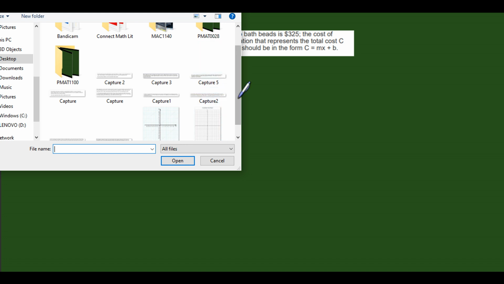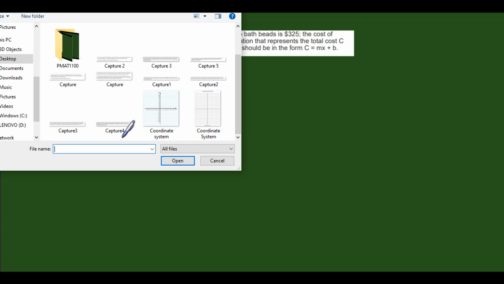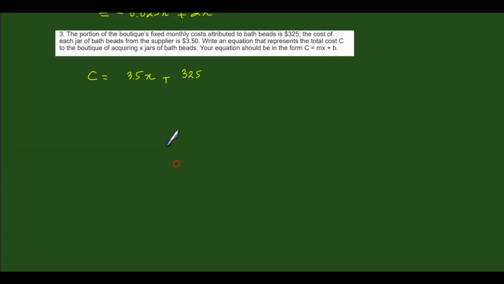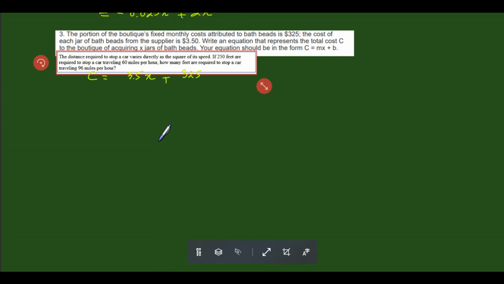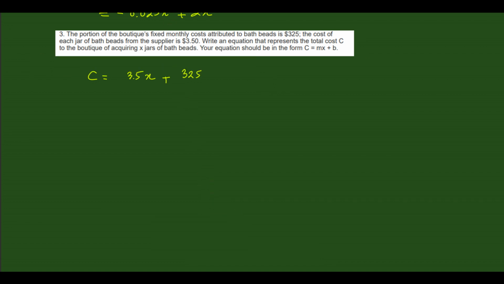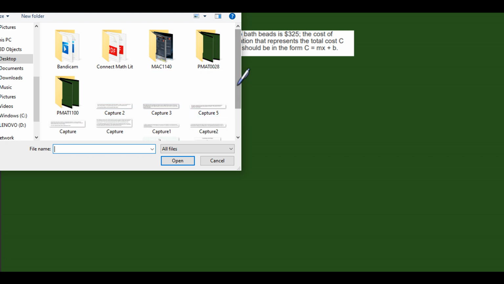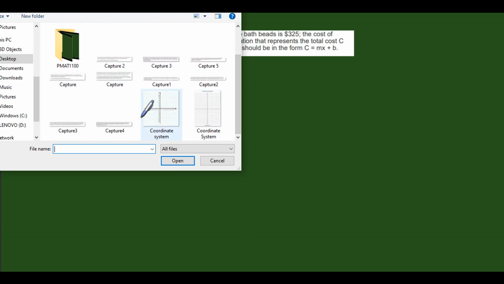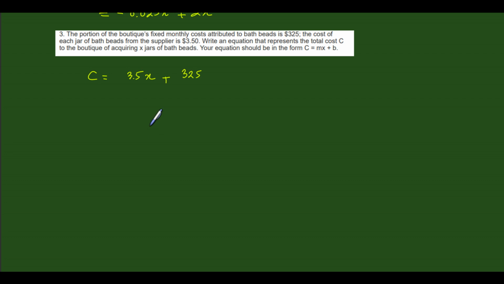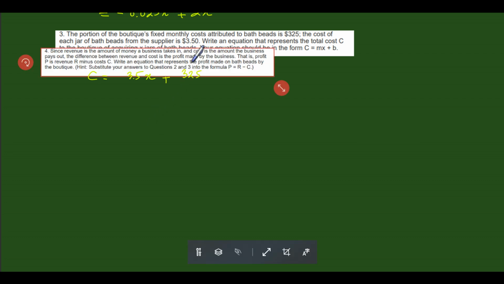Maybe this, or maybe this. Nope, not this one either. Sorry guys. Must be somewhere. I saved it somewhere. I don't know where. Is this one? Hopefully this one. There you go.